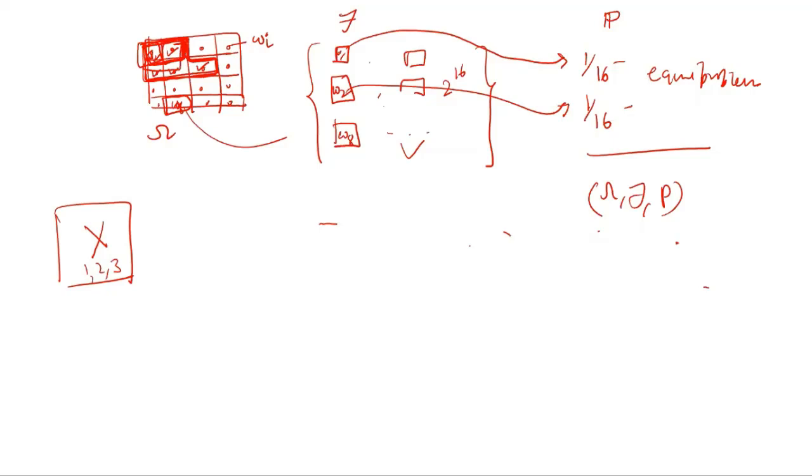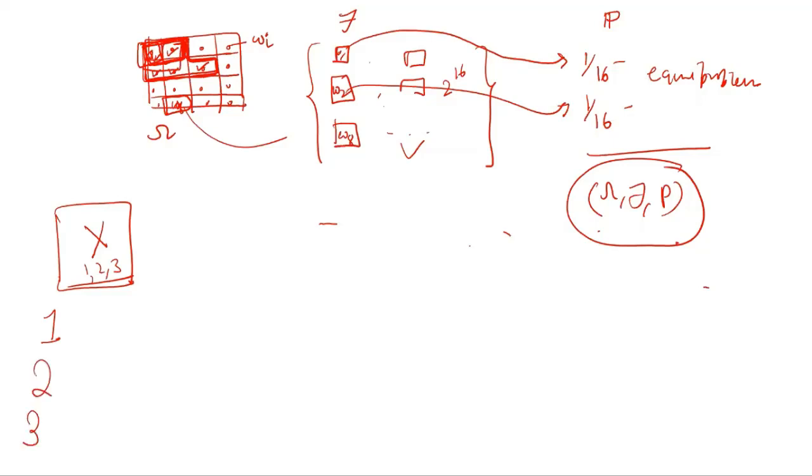So now our goal is, we have already defined this omega, F, P, right? I don't want to go and do the same probability again. What I want to understand is, if I know this probability space, can you tell me the probability that I will see a number 1 in this machine, or a number 2 or number 3?